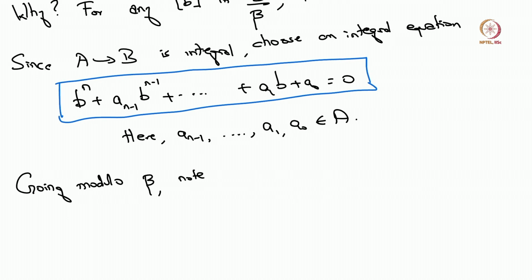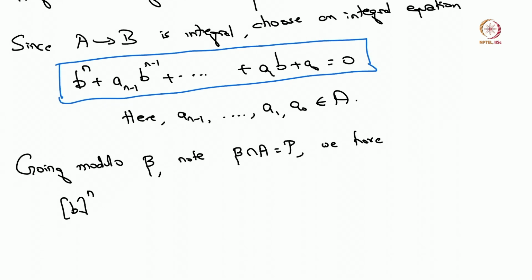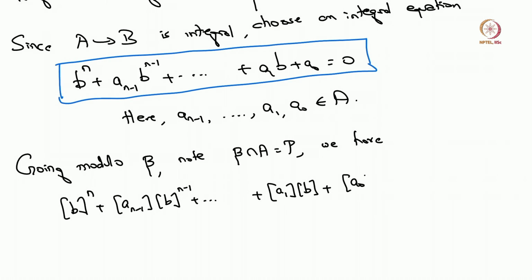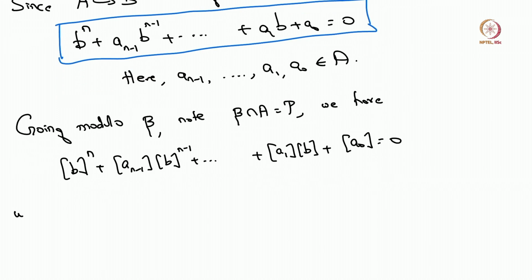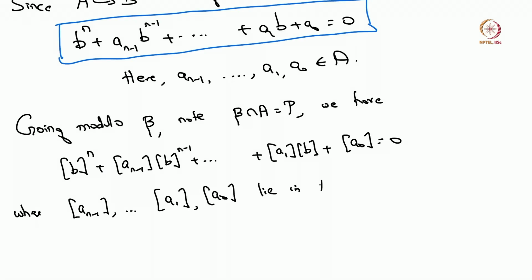And just note that you have these a_i that are in A. So going modulo beta in A is just going modulo P. So just note that beta intersect A is P. So if you take the elements of A and you go modulo beta, that's just the same as going modulo P. So you have bracket B to the n plus bracket a_{n-1} bracket B to the n minus 1 and so on and so forth, where the reduced coefficients now lie in A over P, and you view A over P sitting inside B over beta.